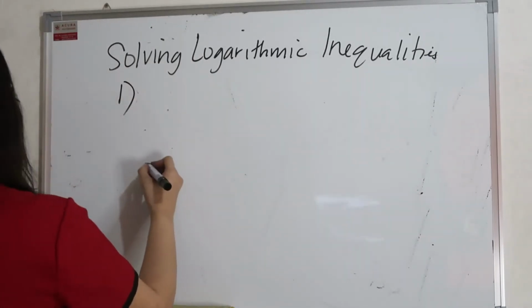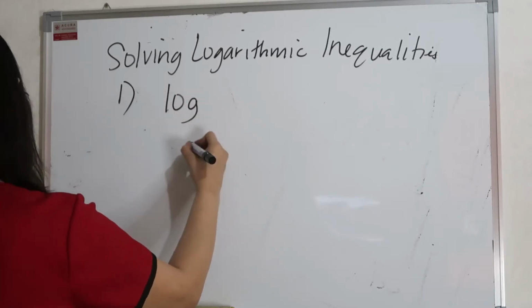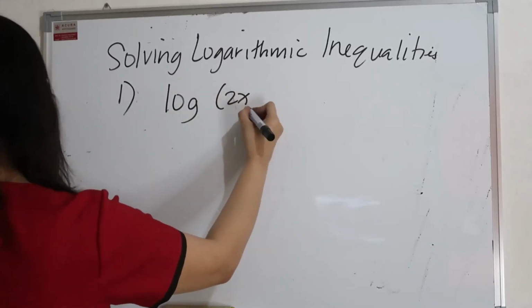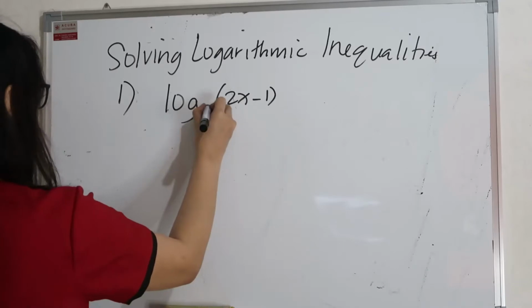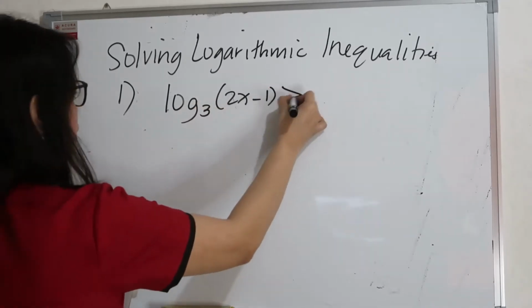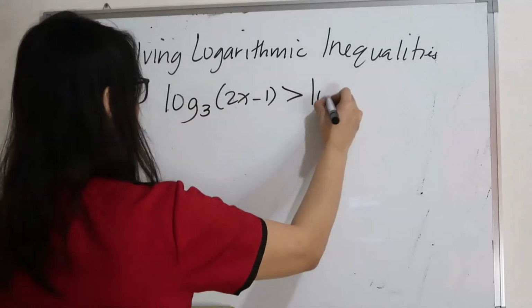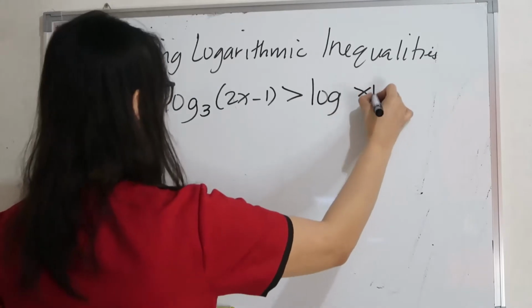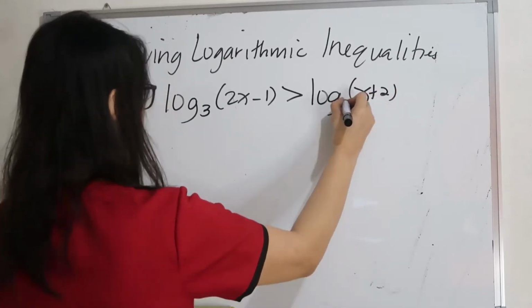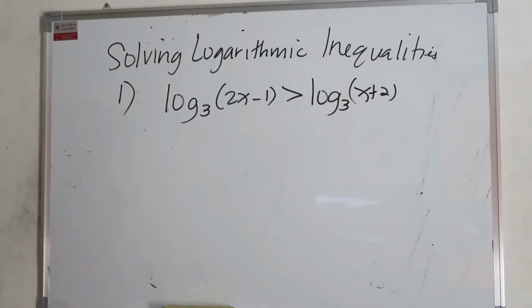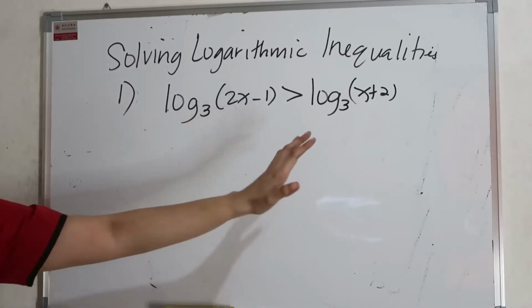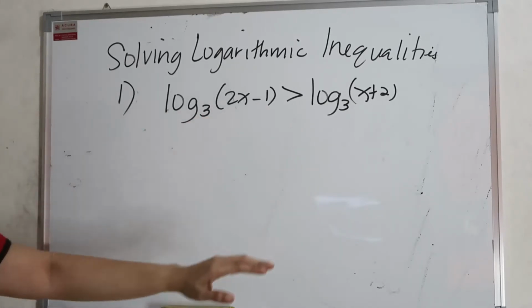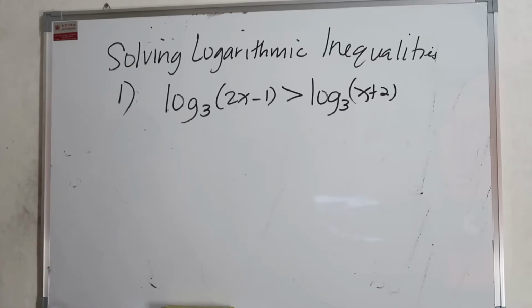Example number 1. The given is log of 2x minus 1 with base 3 greater than log of x plus 2 with base 3. So they have the same base, so no problem with that one. First, identify the given base. What's the given base? 3.